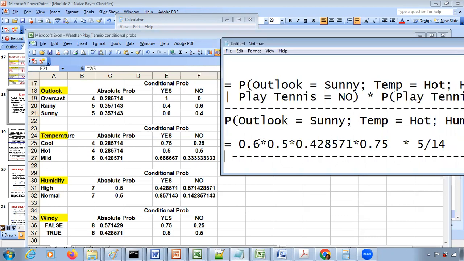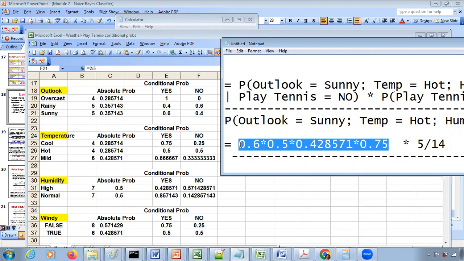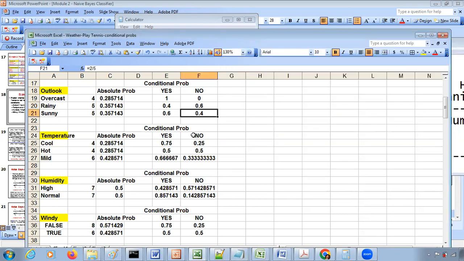So we can actually take 1 minus each of these four probabilities and have them here. 1 minus 0.6 is 0.4, 1 minus 0.5 is 0.5, you can cross check. For class no, temperature equals hot is going to be 0.5.